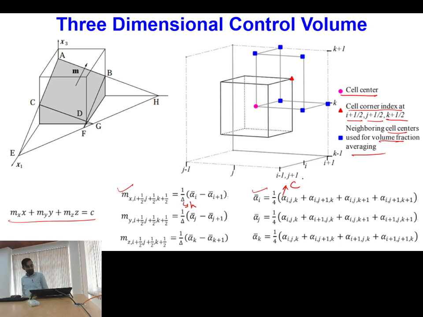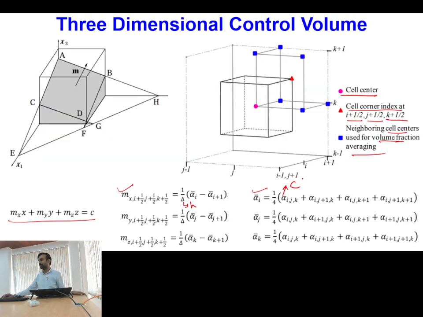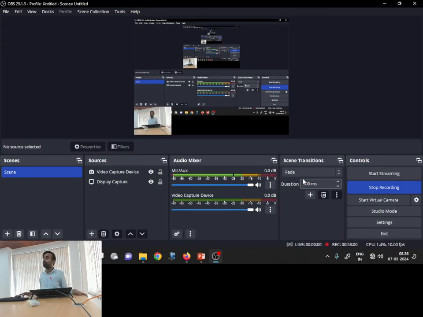These are the equations which are given for how you can calculate the slope m in a 3-dimensional system and then finally construct the equation of the plane. Of course, for volume estimation there is also a formula like the area estimation, which I have not included here. Okay, so with this we have come to know a little bit about the reconstruction of the interface.